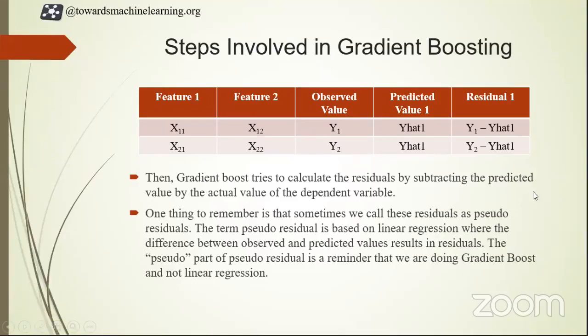The word pseudo is a reminder that we are doing gradient boost and not linear regression, so as not to confuse the two.